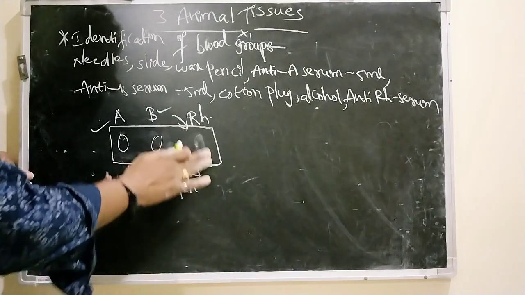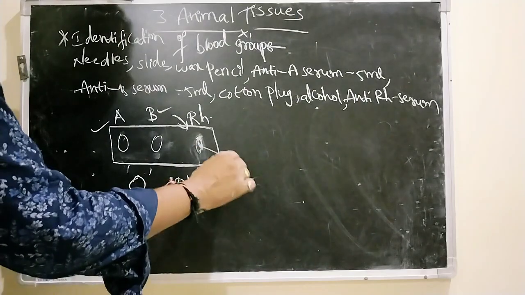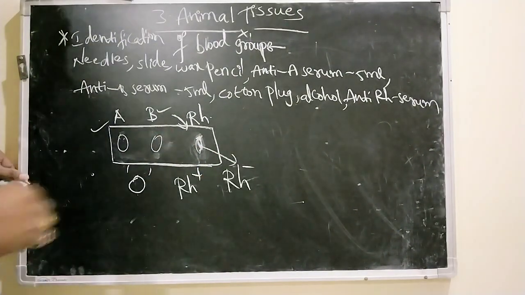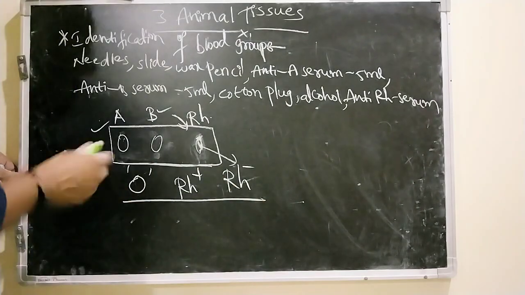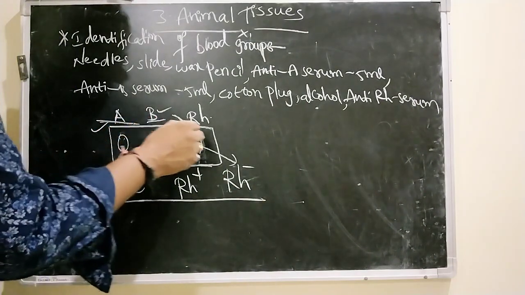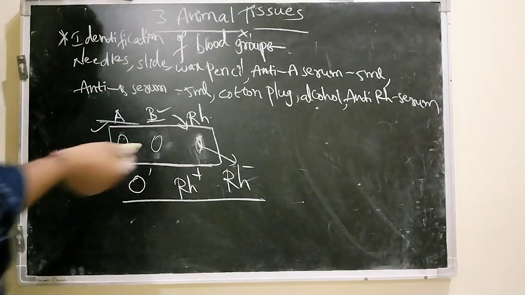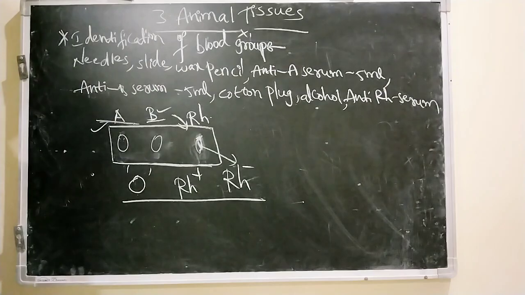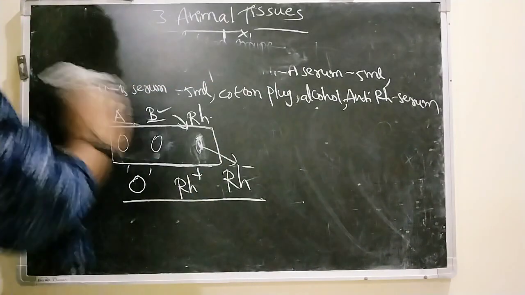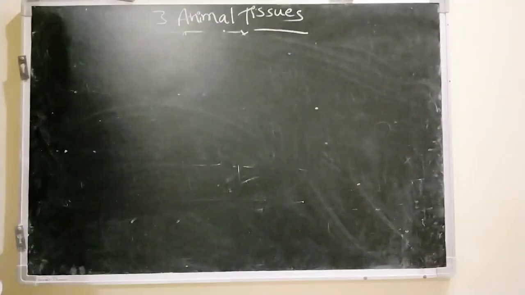If it is not clotted, that person's blood does not contain RH factor, so RH negative. So depending on this, we can say whether the person is A positive or A negative, B positive or B negative, AB positive or AB negative, O positive or O negative. Okay, this is how identification of blood group occurs. And we will discuss another topic in the next class.